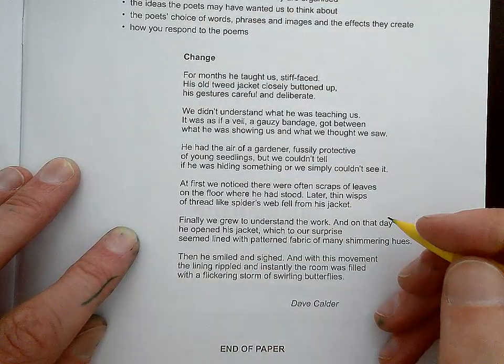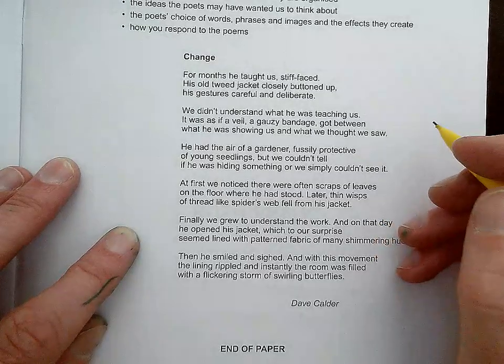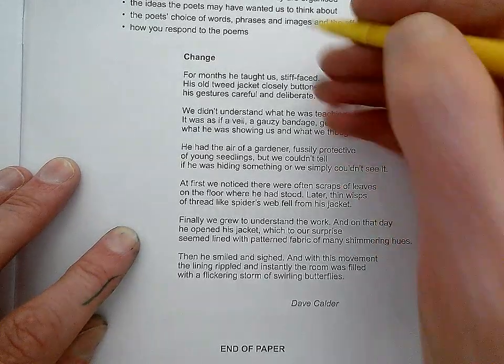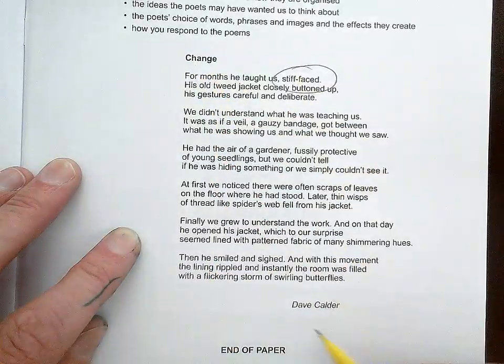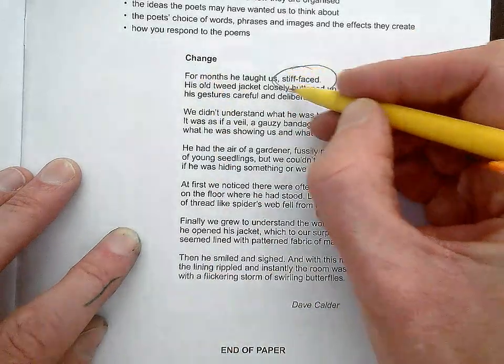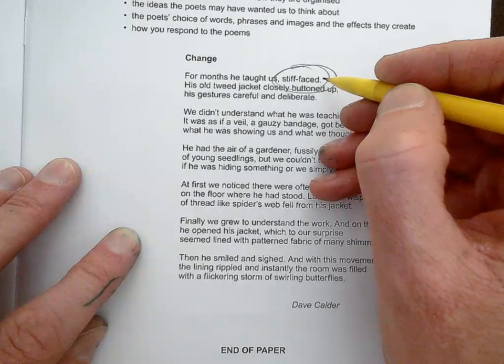There's one big difference, though. When you've written about a quotation in question 2, for example, you might have said, in the poem Change by Dave Calder, the teacher is described as stiff-faced.